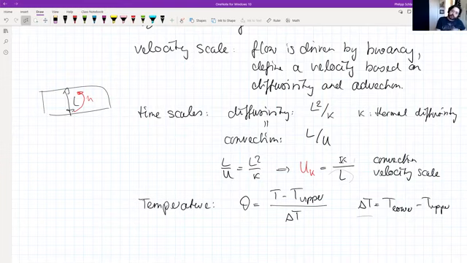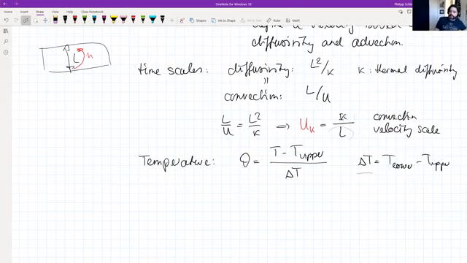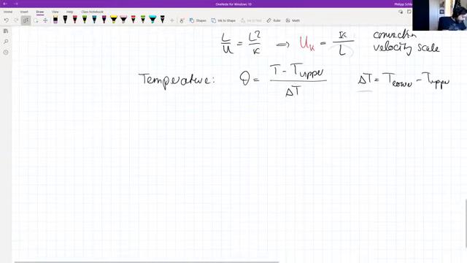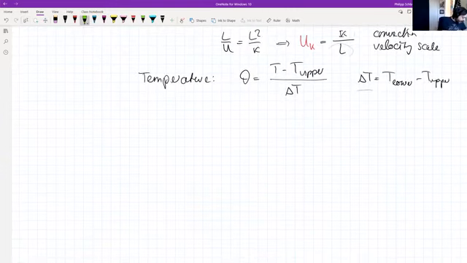I'm not going to do that right now, but the final result, in a similar way that Arashi did for the Reynolds number in the first or second lecture, is that if you use these scalings, you will find that the flow is not dominated by the Reynolds number, but rather by the so-called Rayleigh number.